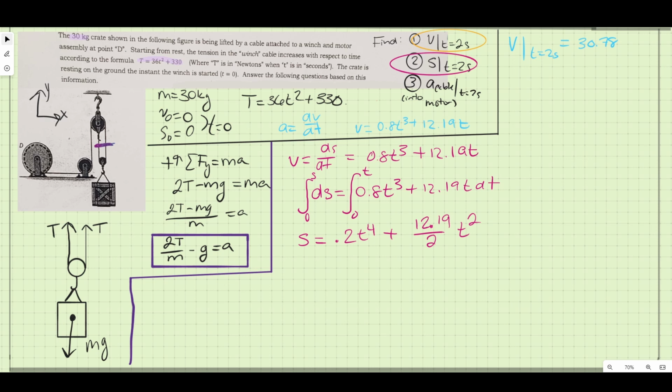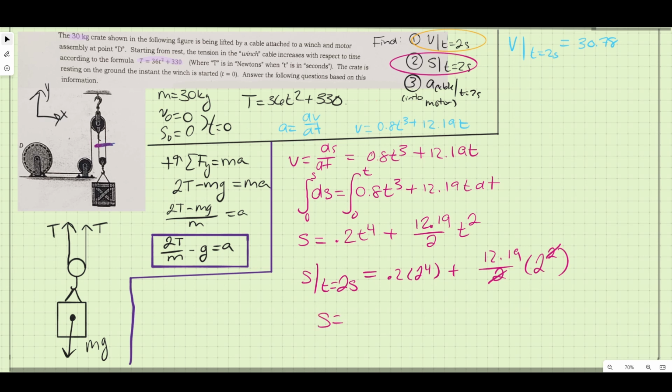And with that, this is our distance equation or displacement equation, and we can evaluate s at t equals 2 seconds, which is just going to be 0.2 times 2 to the power of 4 plus 12.19 over 2 times 2 squared. And one of these 2's will cancel out with that 2. So we'll end up with just 12.19 times 2.